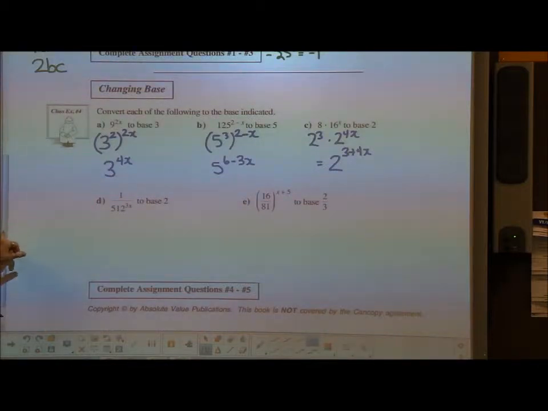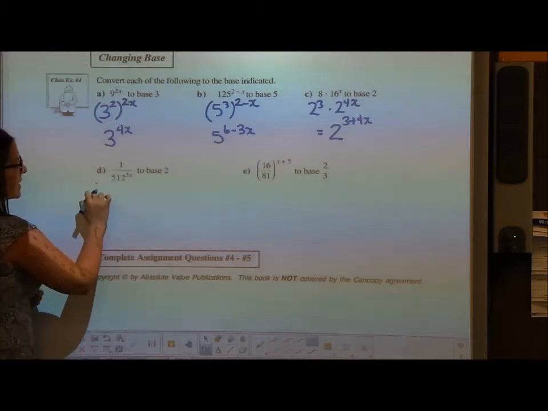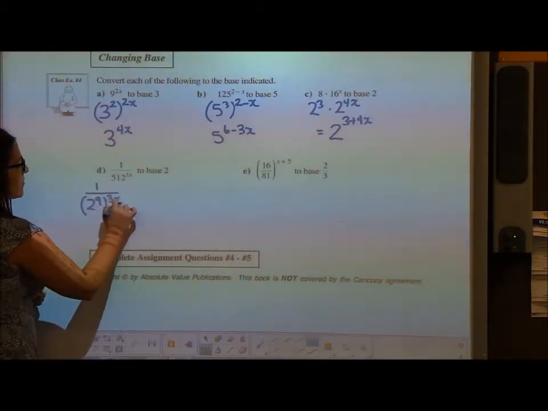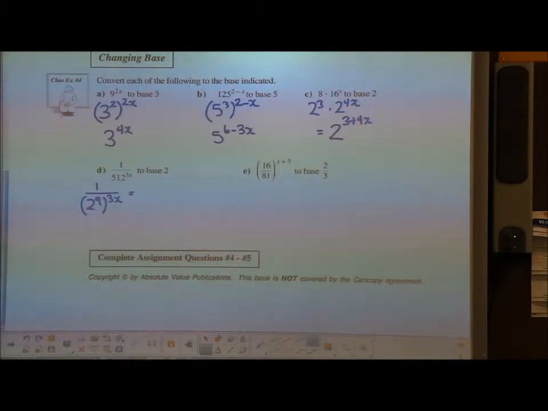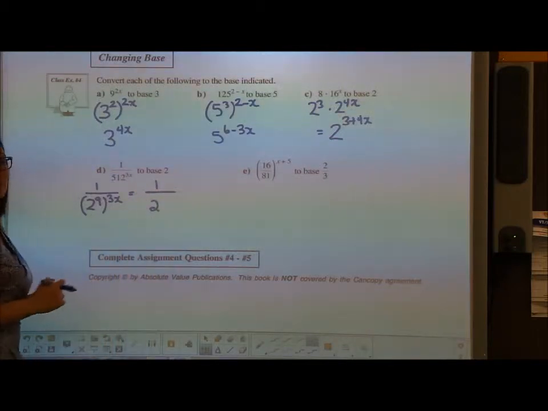Okay, so if I look at D, 512 to a base of 2. 2 to the power of what? 9. So I'm going to write this as 1 over 2 to the power of 9 to the power of 3x, which equals 1 over 2 to the power of what? 27x.